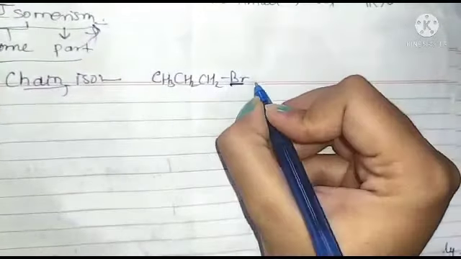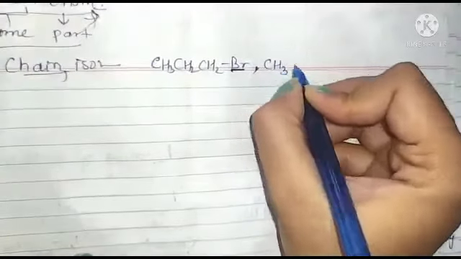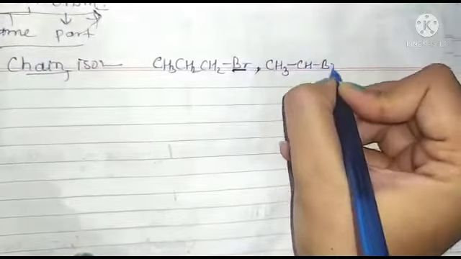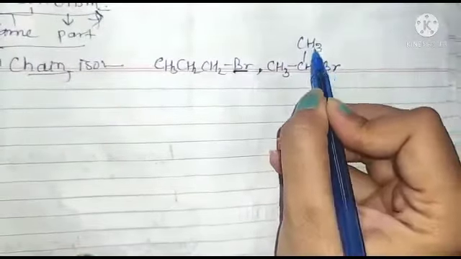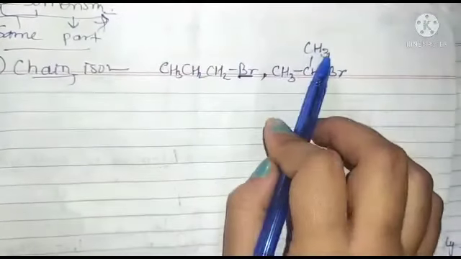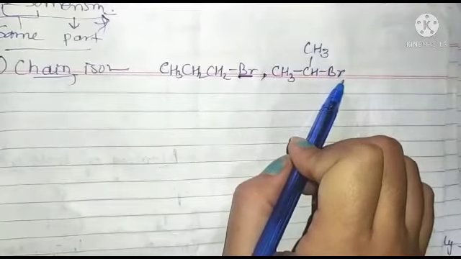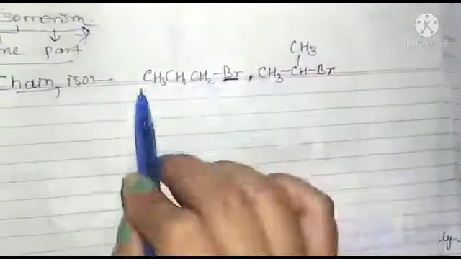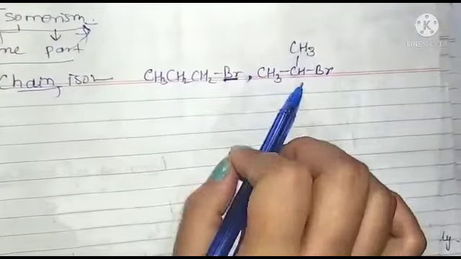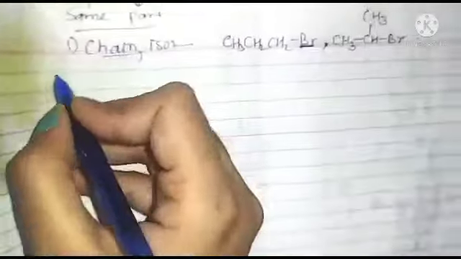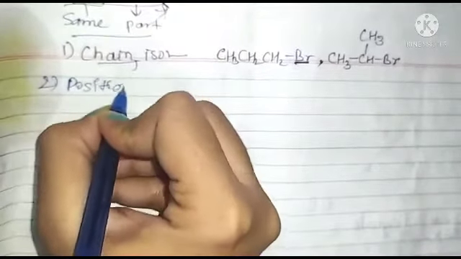If we write the structure for the same, I have to write CH3 CHBr, and one carbon is attached here to complete its valency. But the Br is at the same position. This is known as a chain isomer, when the carbon can change its position, but the halogen, bromine, stays at the same position.